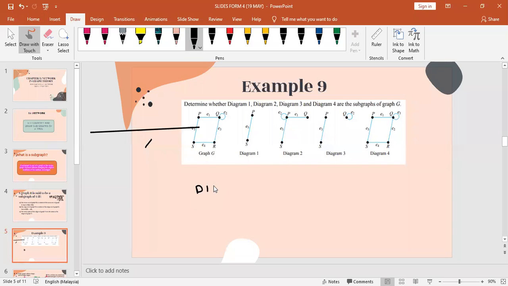Betul ke dia subgraph of graph G? Ingat balik maksud subgraph tu. Subgraph tu maksudnya part of the graph or the whole graph yang kita redrawn back without changing anything.